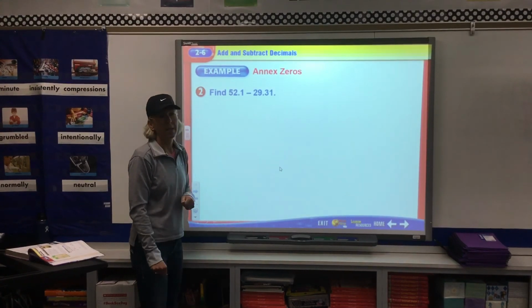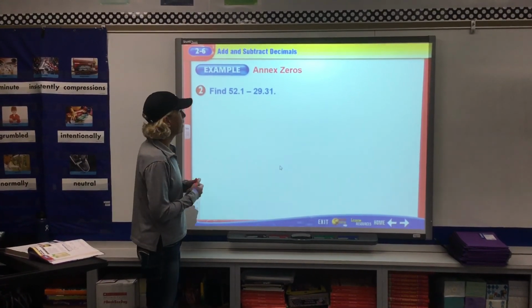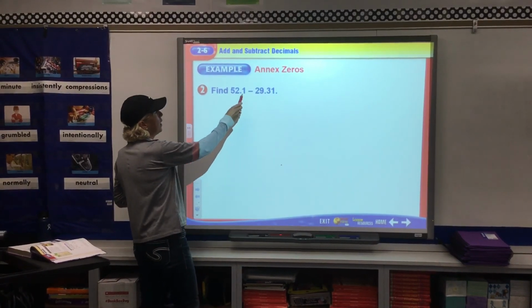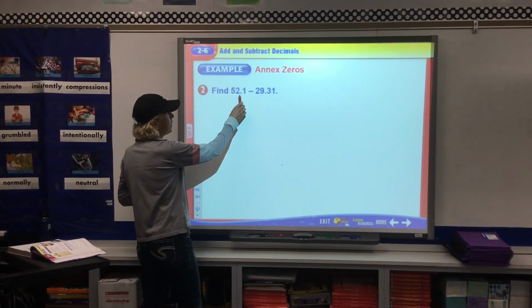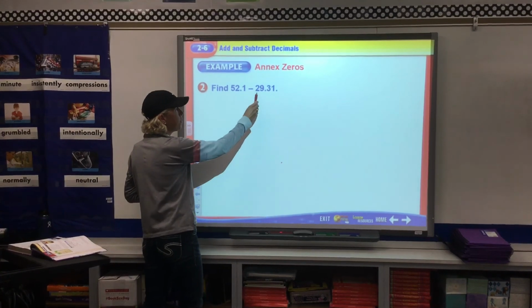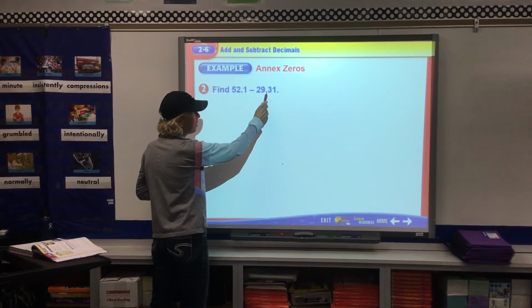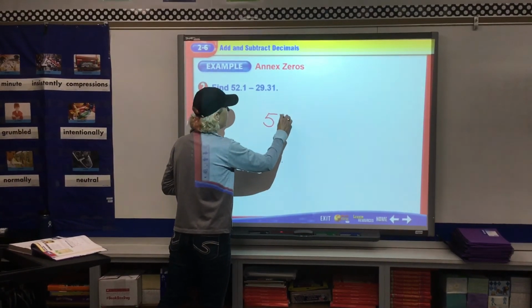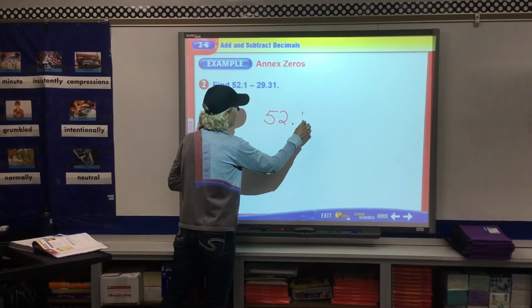Annexing zeros. I just love to say that word, annex. Annex a zero. And essentially what that means is this. If you have a number, 52 and 1/10, and we're going to subtract 29 and 31 hundredths, I'm going to rewrite that problem, 52 and 1/10.